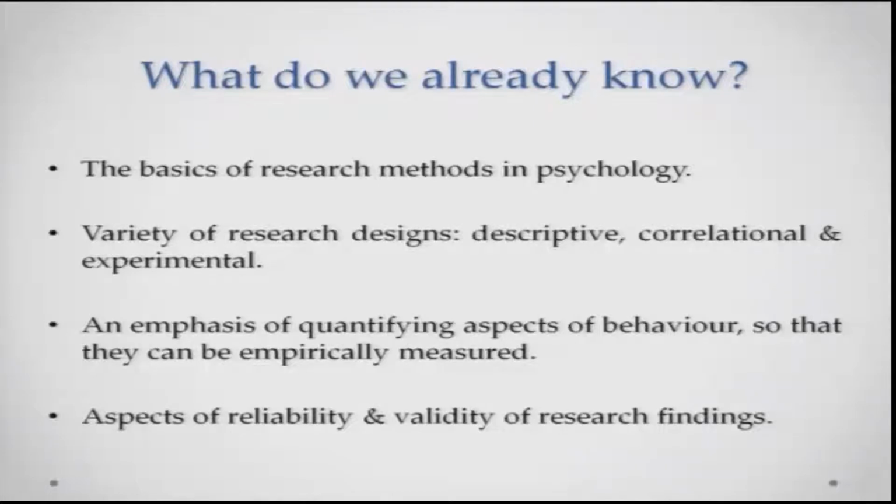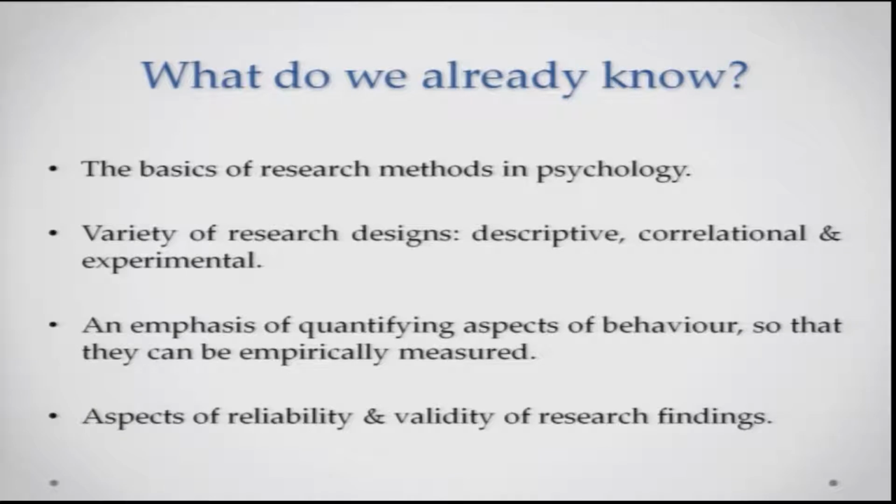Only then can we make scientific claims about particular behavioral phenomena. We also talked in the last lecture about reliability and validity of research findings. That is a very important factor which ensures whether your research is dependable or not, whether you are actually getting anywhere close to answering your questions and answering them correctly.